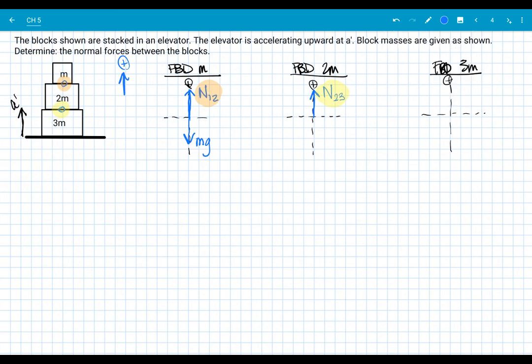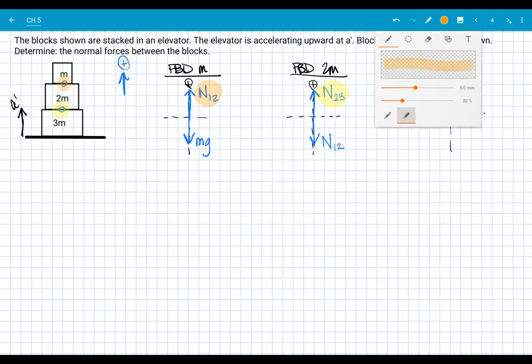All right, going back to my forces. We're looking at the block 2m. Underneath it, there's an upward force, 3m's in contact with it. But the block m is also in contact with block 2m, right? The block above it is also touching it, and it's providing a downward force here. And that downward force is the force at the interface between blocks 1 and 2.